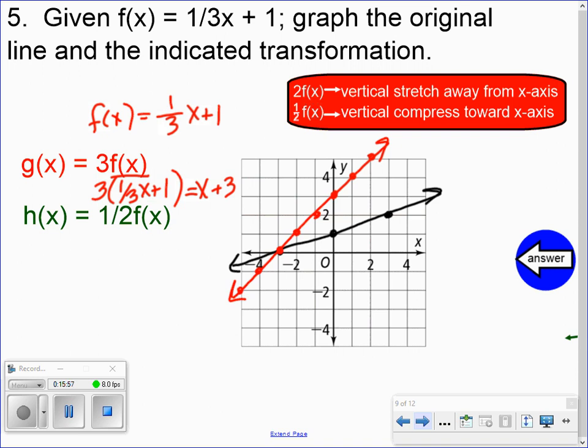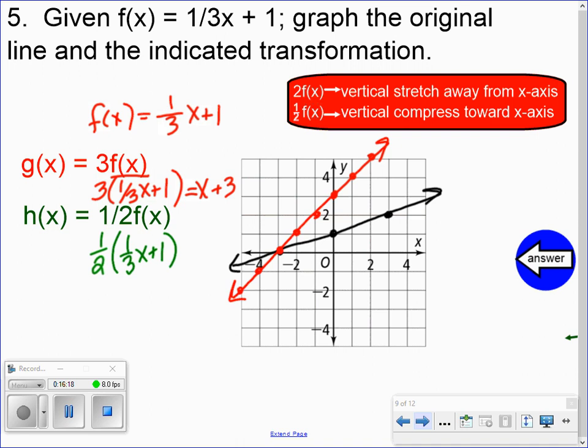For 1/2 times f of x, again, that's the same thing as what we were just doing, except now we should notice that this is a compression, so it should be pushed closer towards the x-axis. And what this wants us to do is it wants us to take all of f of x, so it wants us to take that 1/3 x plus 1 and multiply by 1/2.